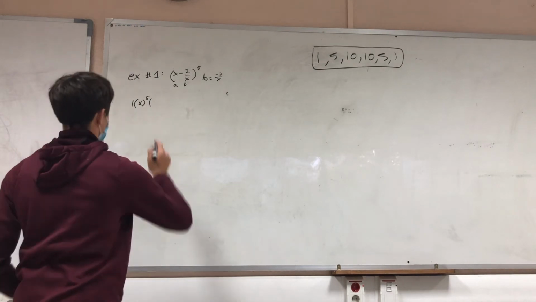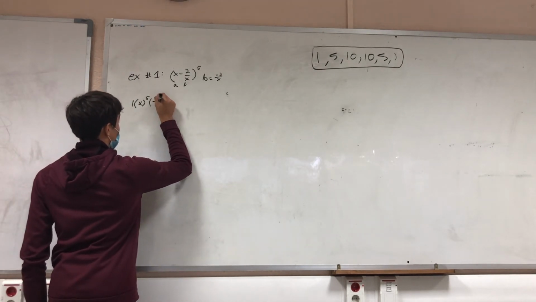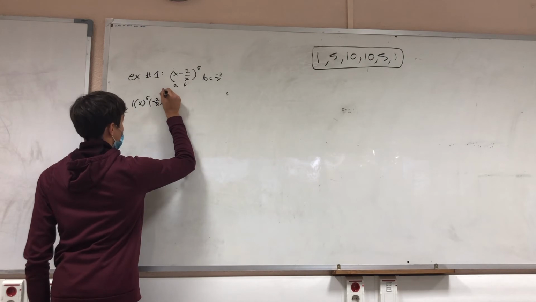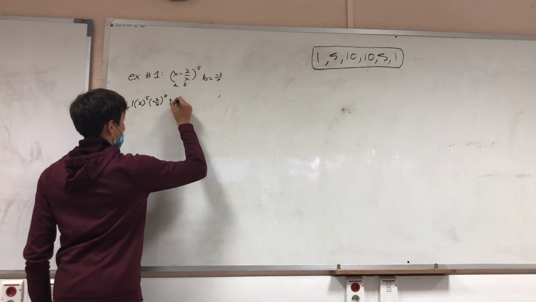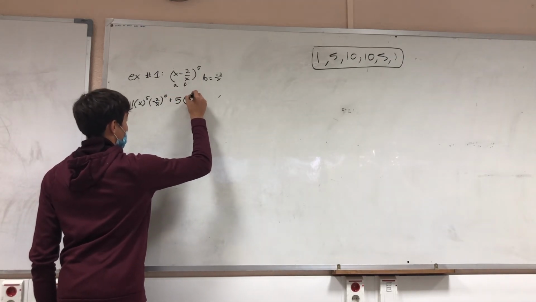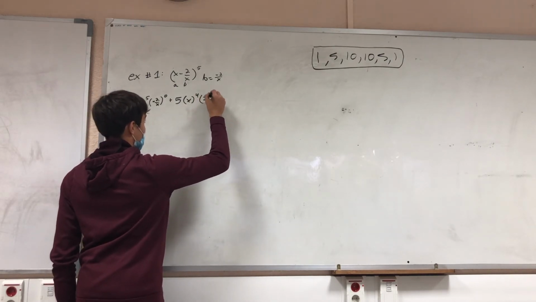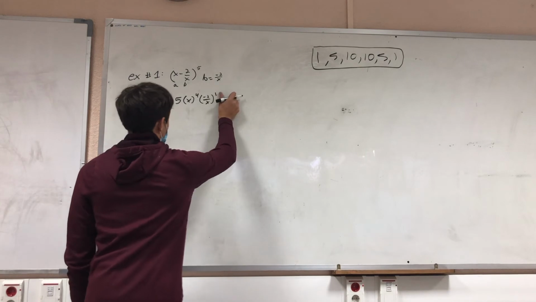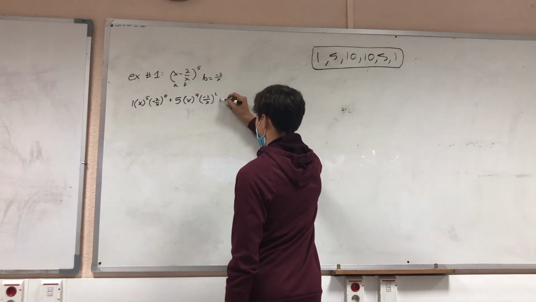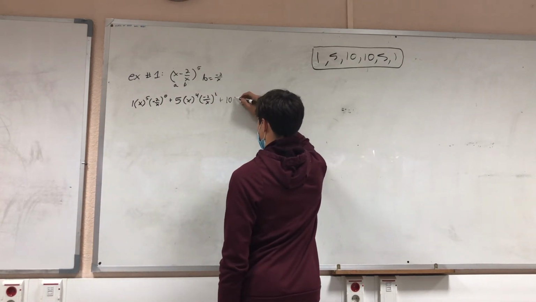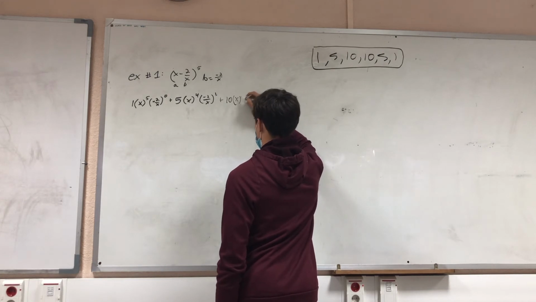Let's go on. Negative 2 over x to the 0, plus 5 times x to the 4th times negative 2 over x. First, onwards, plus 10 times x cubed, right?